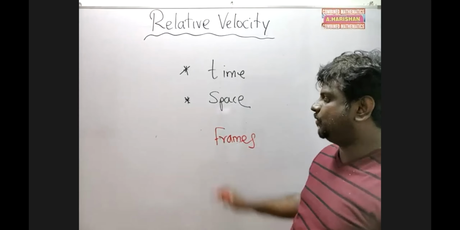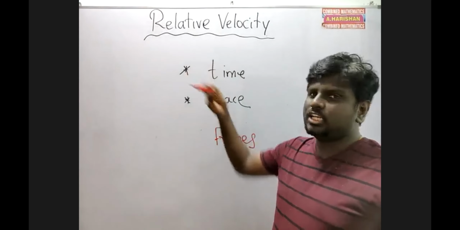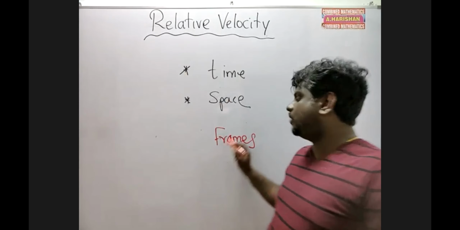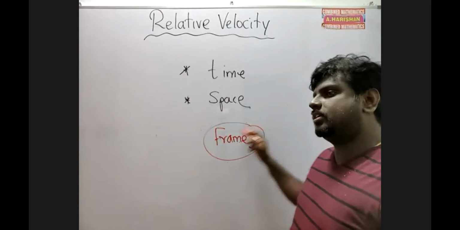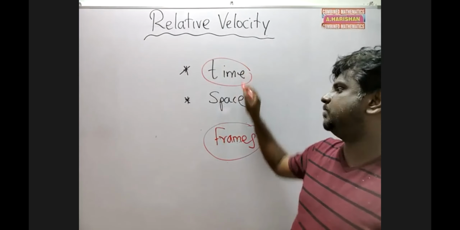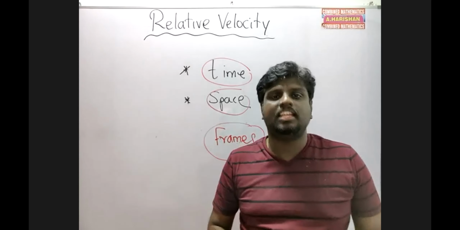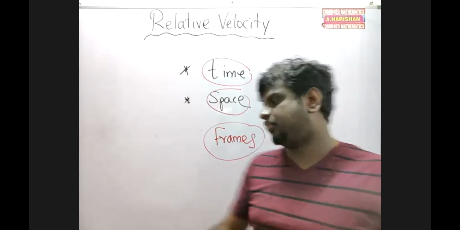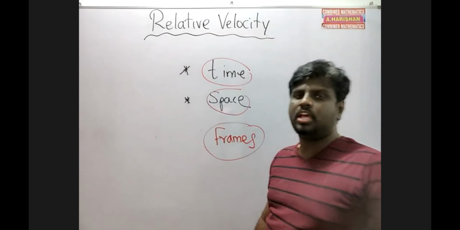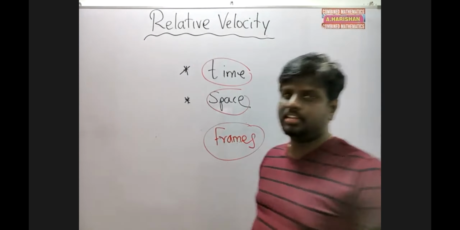Under the Newtonian relative velocity lesson, we are going to assume that in any frame, time and space don't change. These are the assumptions we have made under this lesson. Is it clear?